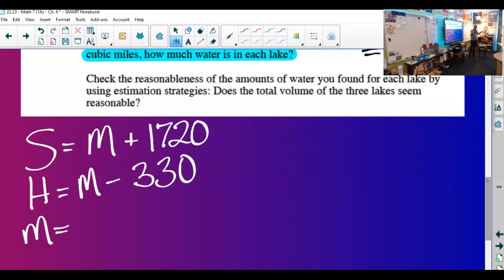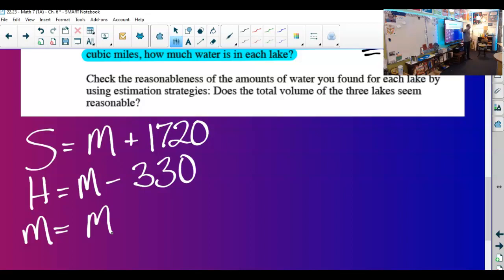We need to say M equals something. We had S equals M plus 1720, H equals M minus 330. So both of these have used M. M equals M. Guys, M is the variable we are using.